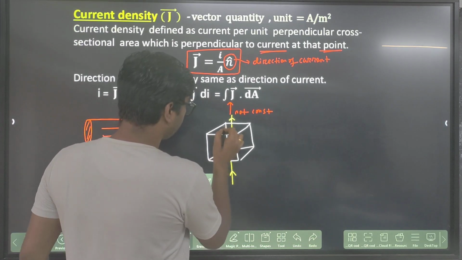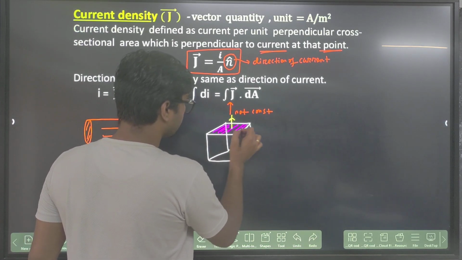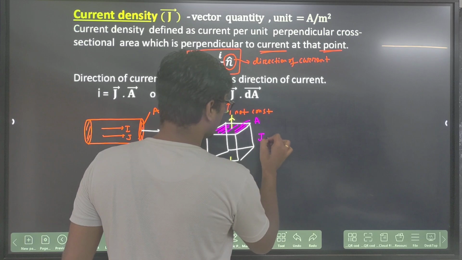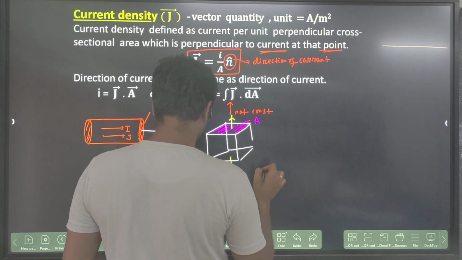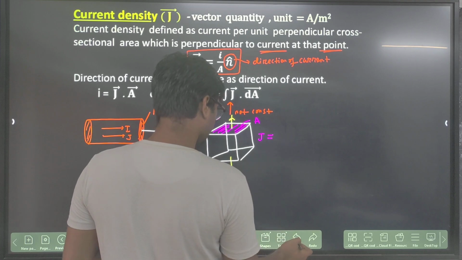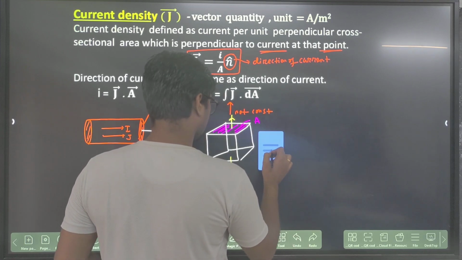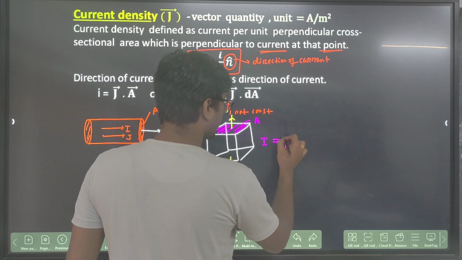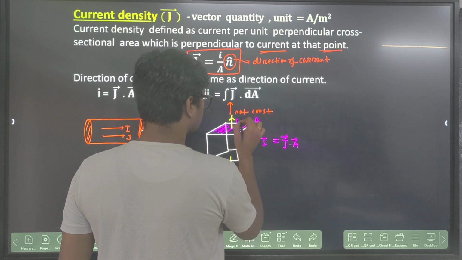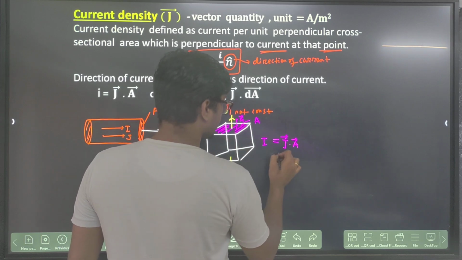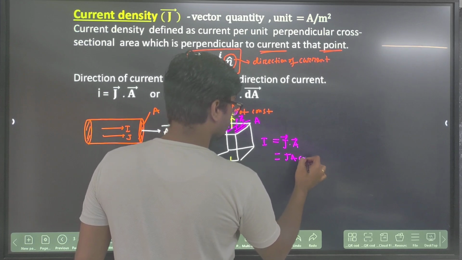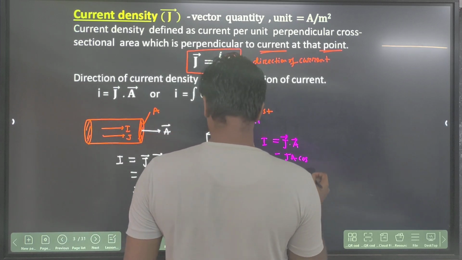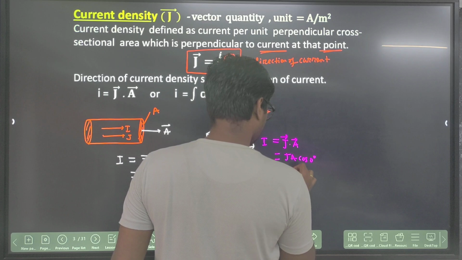Now this is the area I am talking about, this cross sectional area, and this area is A. Here also you will say I equal to J dot A, and along this direction will be the area, and the current density will be along this direction, J A cos of theta, and theta will be here 0 degree, so it will be cos of 0 degree, you will write J A.